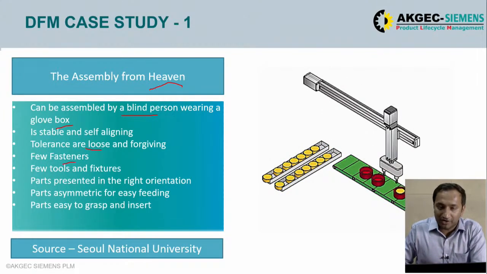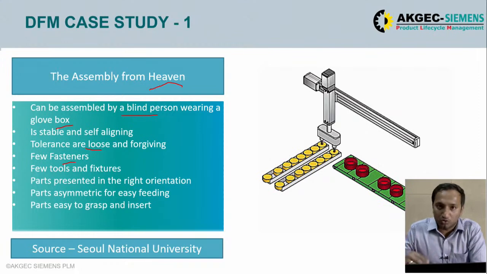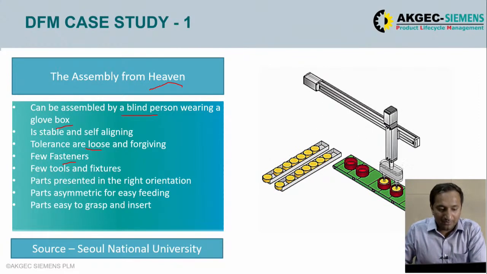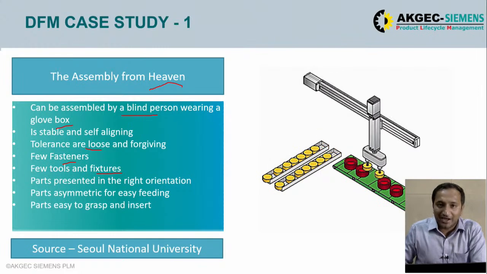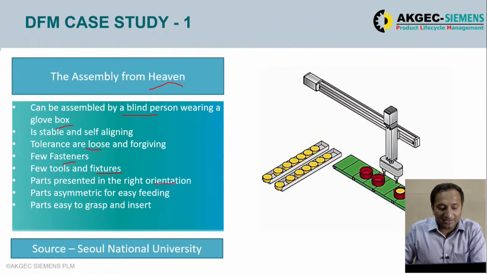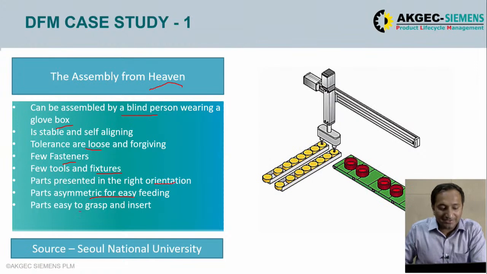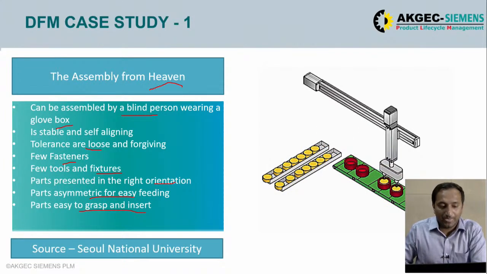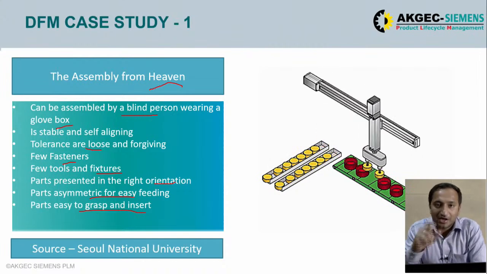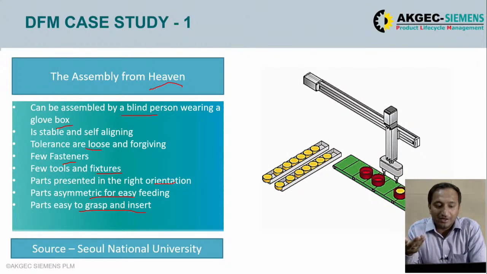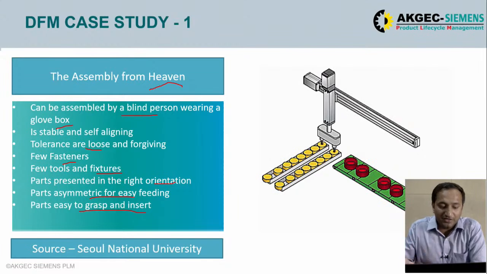There are few fasteners, and we are able to tighten and loosen them without wasting any time. There are very few tools and fixtures. Parts are presented in the right orientation, parts are asymmetric for easy feeding, and parts are easy to grasp and insert. So if a product and its assembly steps are like this, then we can say the assembly is from heaven. It's very easy to assemble.